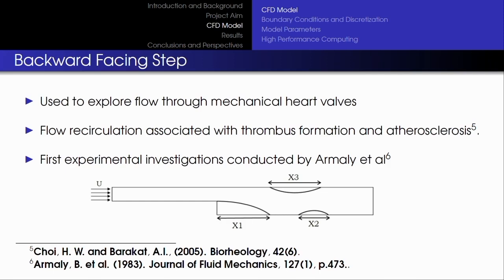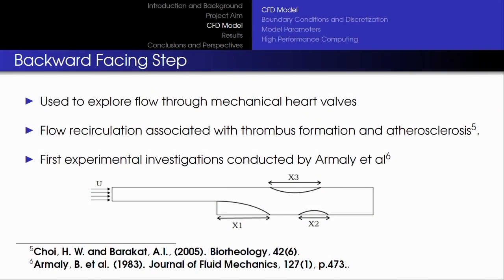You most probably don't think of it as a biological geometry, but it can be used to explore mechanical heart valves due to flow separation, in addition to blood damage, where we look at thrombus formation and other blood damage.